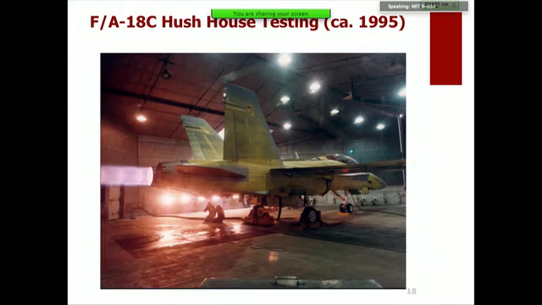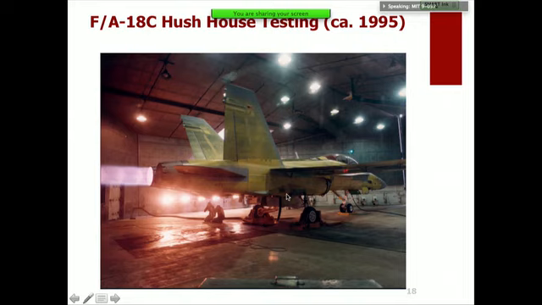Okay, here's the hush house that I was talking about. This is in St. Louis. You can see that the airplane is not painted yet, and only one engine at a time. The engine is being run, in this case, with full afterburner. You can see the airplane itself is secured with these chocks here, and there are load cells in these chocks. So as you fire up the engine, you can measure the thrust by the load cells attached to these chocks.